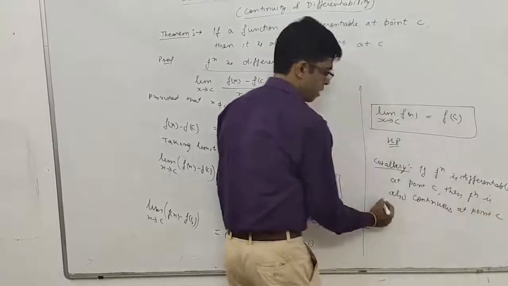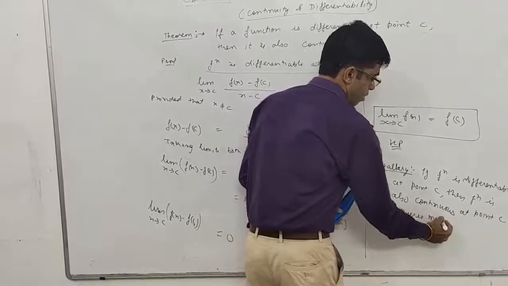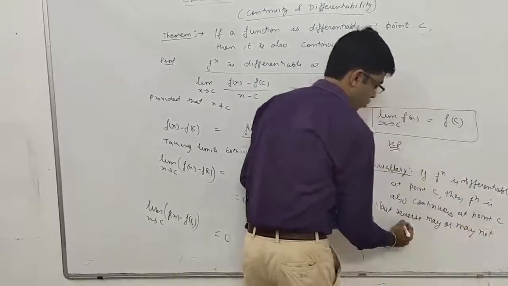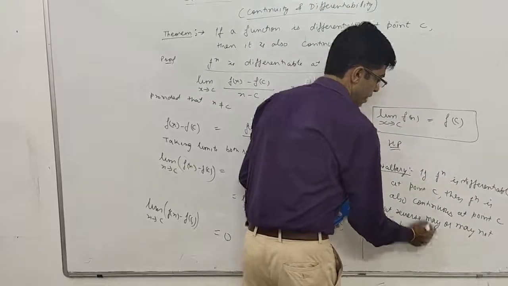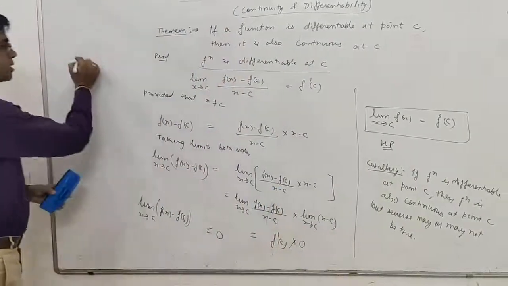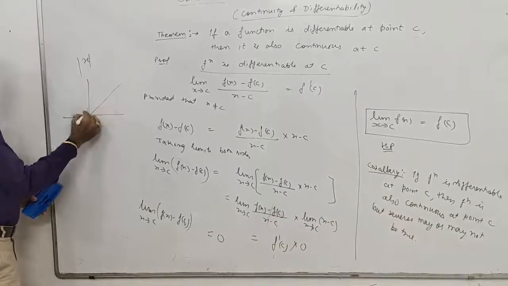But the reverse may or may not be true. This we will check in the example, and the example I am telling you is mod x. This mod x function graph is like this.